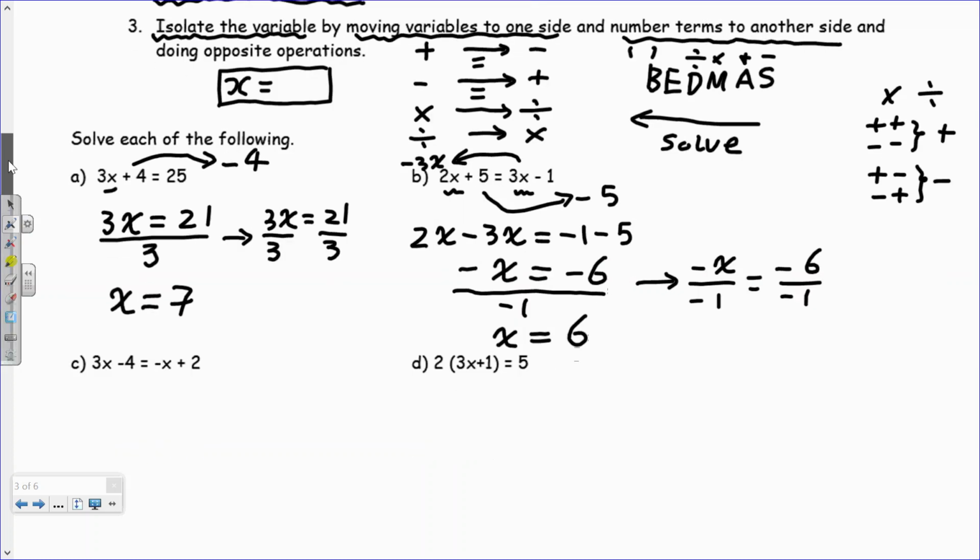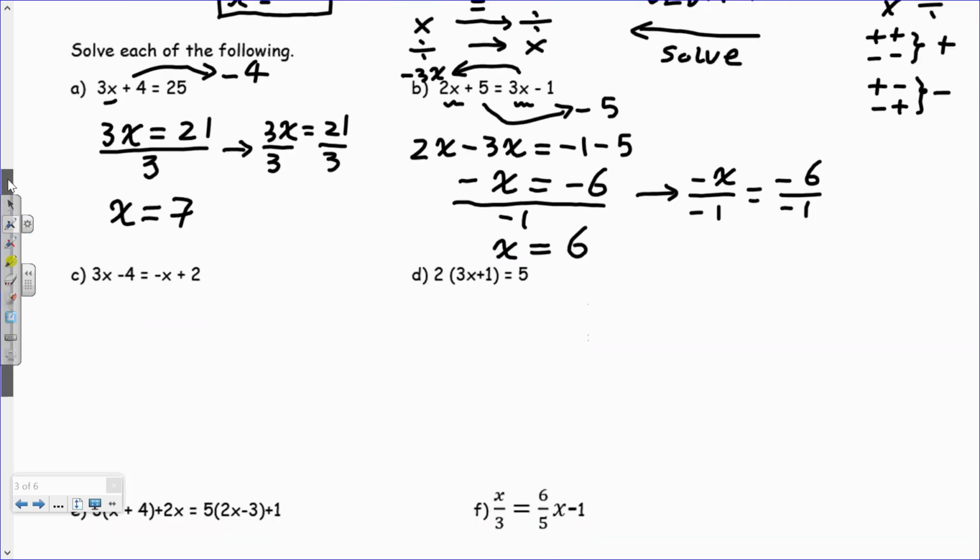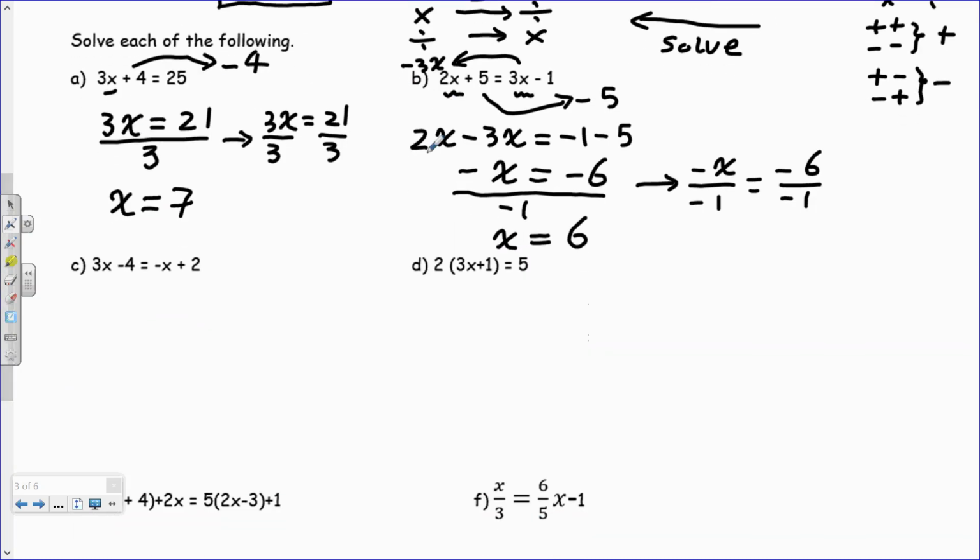Then we are going to do the next one, or you could pause your video here and try question C by yourself. Once you get question C done, check the answer here. So now we are going to see how to solve this question.